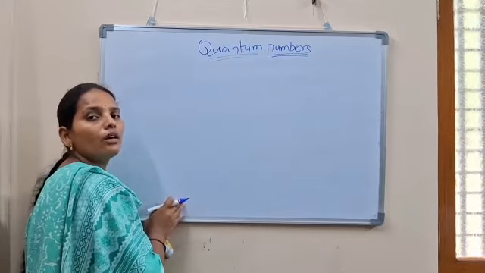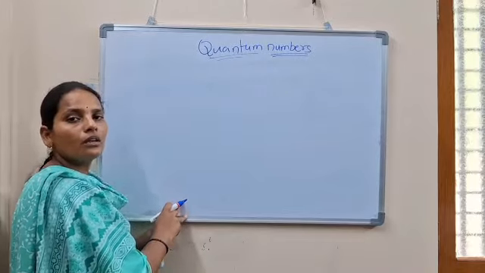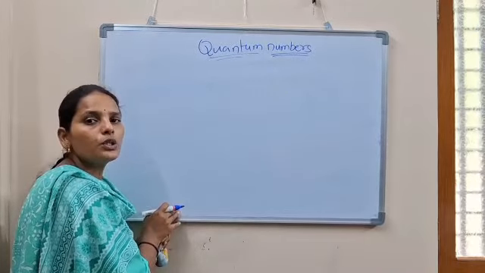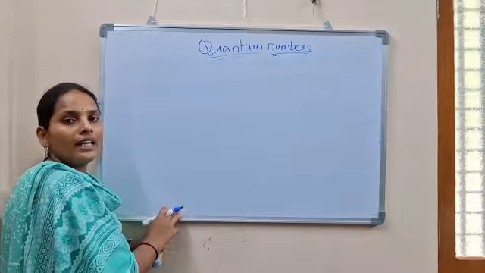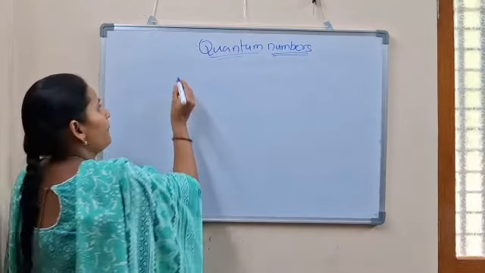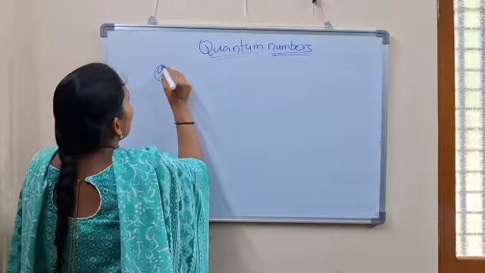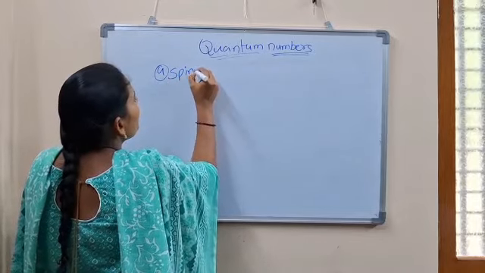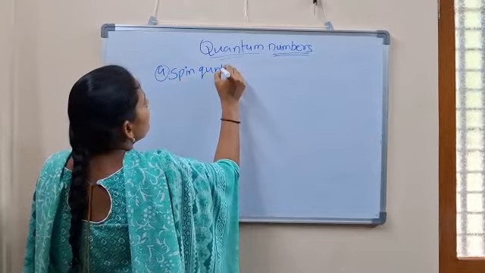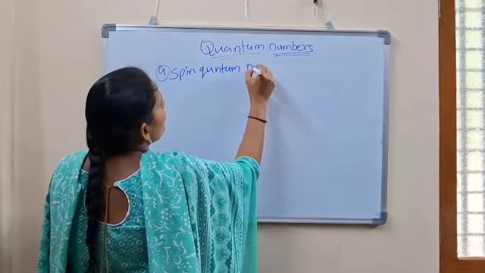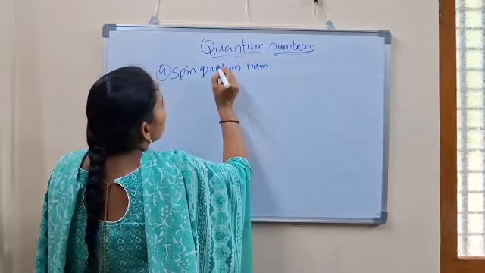Okay, magnetic quantum number depends on azimuthal quantum number. But coming to spin quantum number, it has independence.